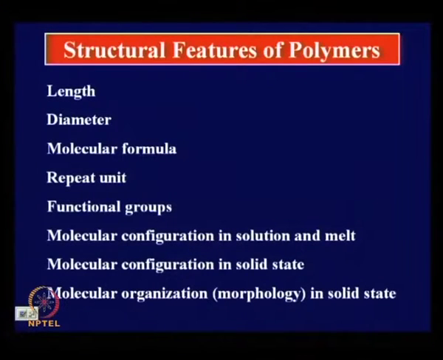Then we have to know the molecular formula. What is the molecular formula? Chemical formula. From the chemical formula, we could know that it contains carbon, hydrogen or nitrogen or oxygen or sulfur or phosphorus, like this.